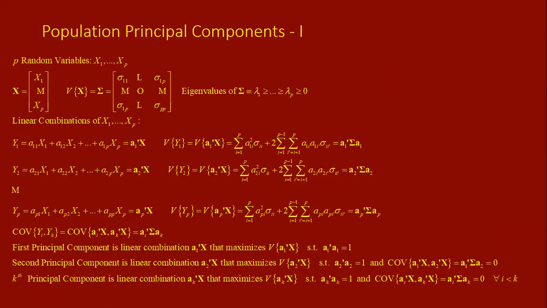The variables have now been transformed. This is like arranging the eigenvalues from the largest to the smallest, because lambda 1 is going to be the variance of the largest principal component, the one with the largest amount of variation.